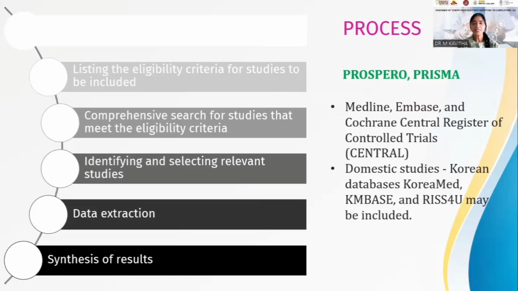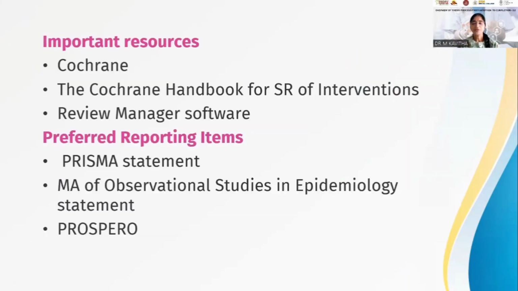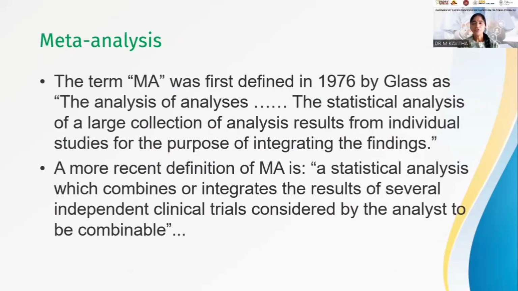The certainty of the evidence was assessed using the GRADE system, that is the Grading of Recommendations, Assessment, Development, and Evaluation approach. This is the Preferred Reporting Items for Systematic Reviews and Meta-Analyses. The performance of meta-analysis is contingent upon a good quality systematic review.